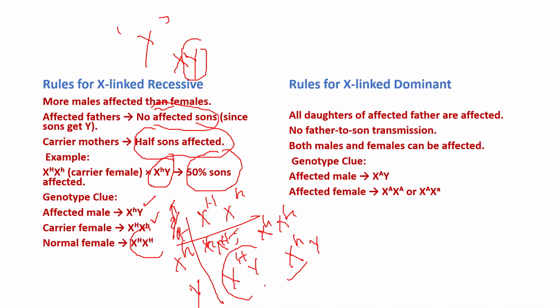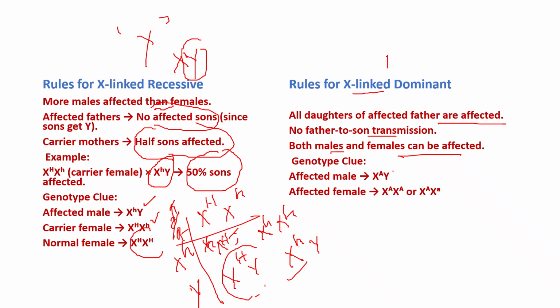Clear? Then we'll go for X-linked dominant. All daughters of an affected father are affected. So there is no father to son transmission. Both males and females can be affected. In X-linked dominant, both daughters and sons can be affected.